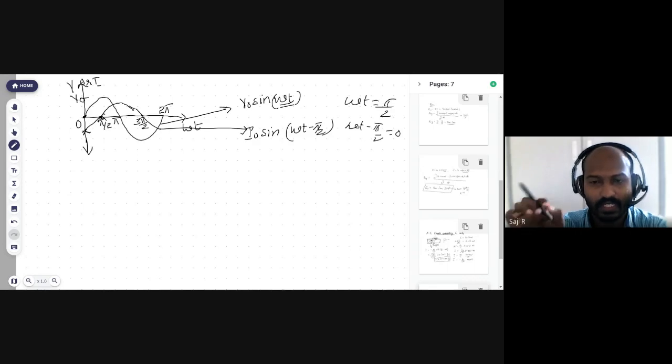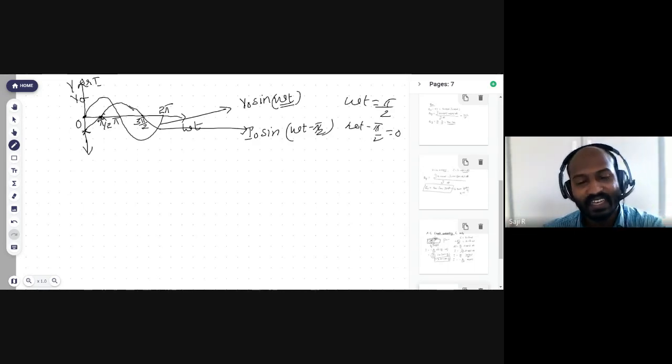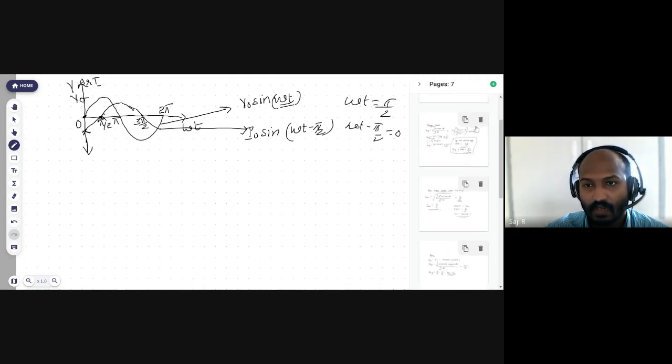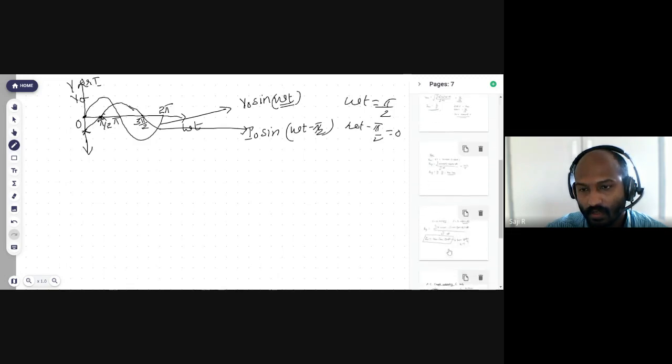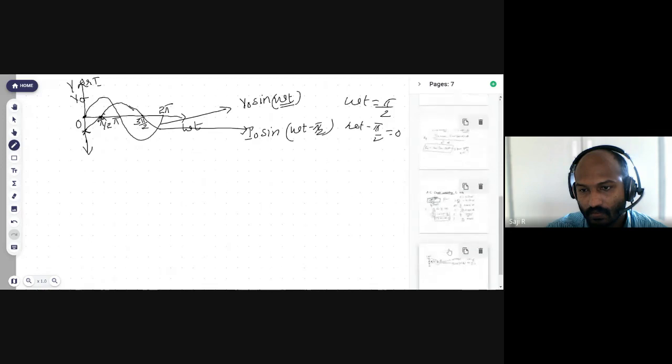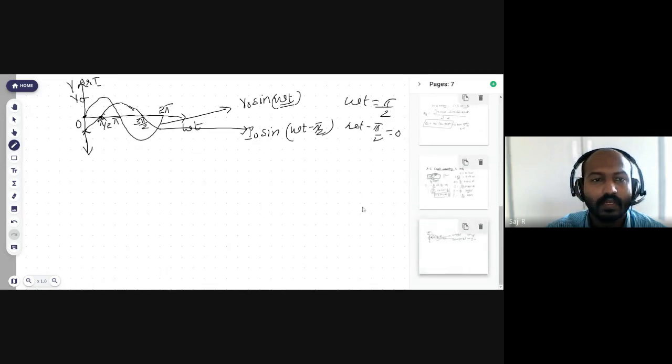In a simple way, you can understand it like this: when the voltage increases, the current will not increase along with it. The current starts to increase when the voltage starts to decrease. So there will be a phase difference. But in the case of an AC circuit containing pure resistance only, which we discussed in the last class, there is no phase difference between voltage and current.